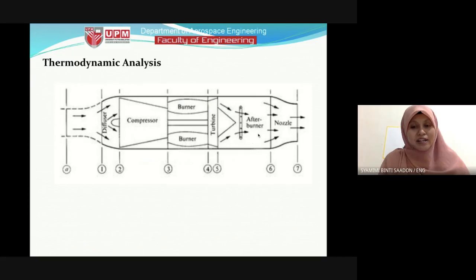The function is to increase the temperature even more so that we can increase the velocity, the kinetic energy, at the exit nozzle, and of course increase the thrust. But we need more fuel if we add the afterburner, to increase the temperature and then the velocity.